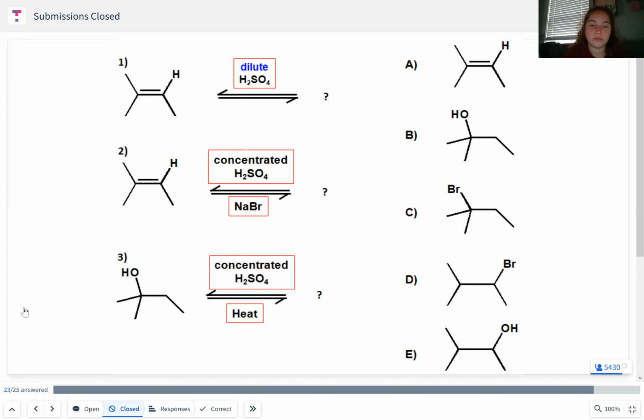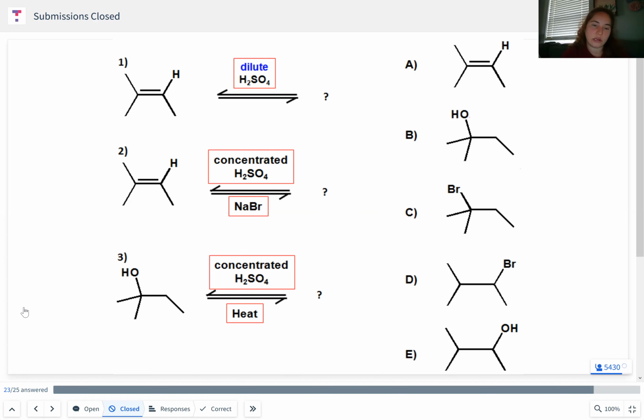So this is essentially equivalent to having hydrobromic acid. We are looking to protonate our alkene to create a carbocation, and then you have bromide floating around. So which two answers could we narrow it down to just using that information? C or D.